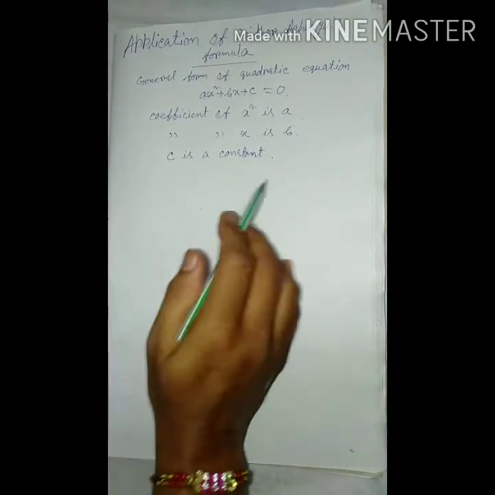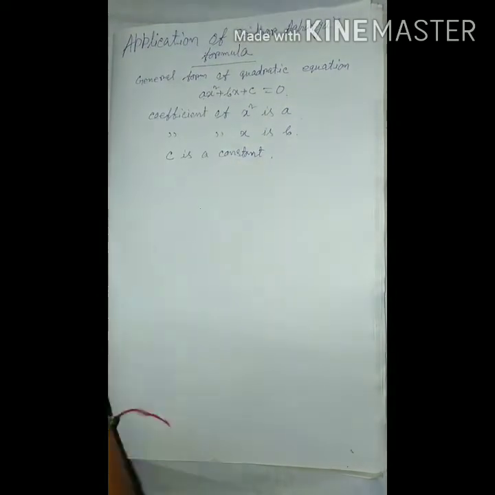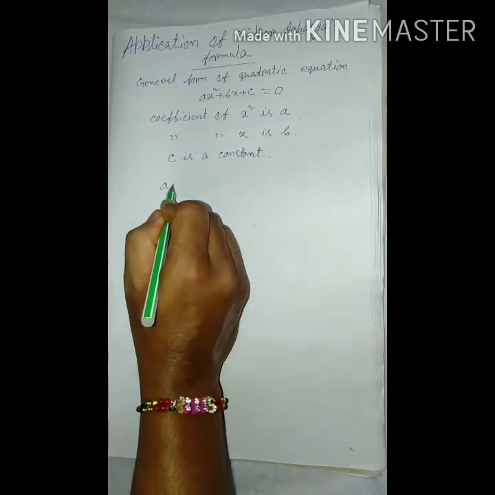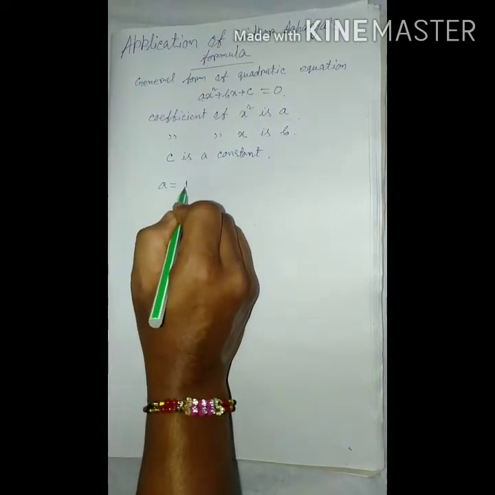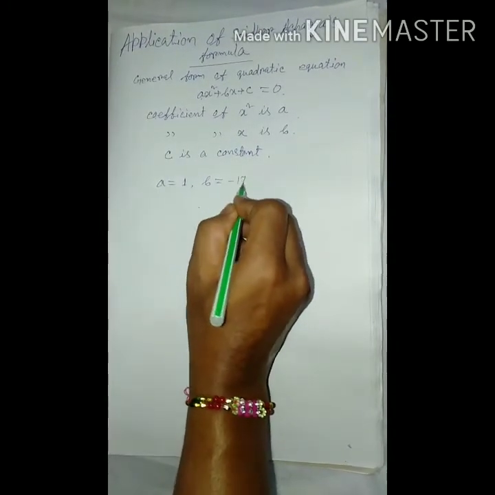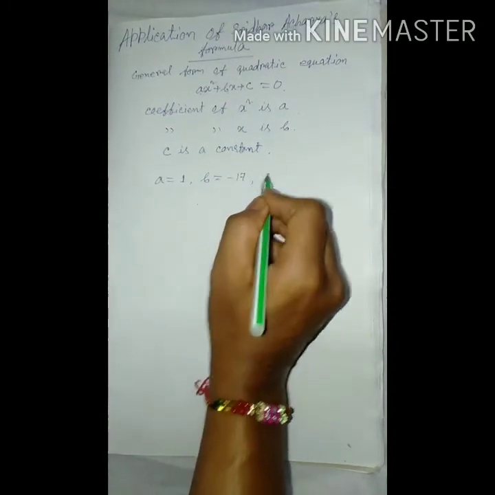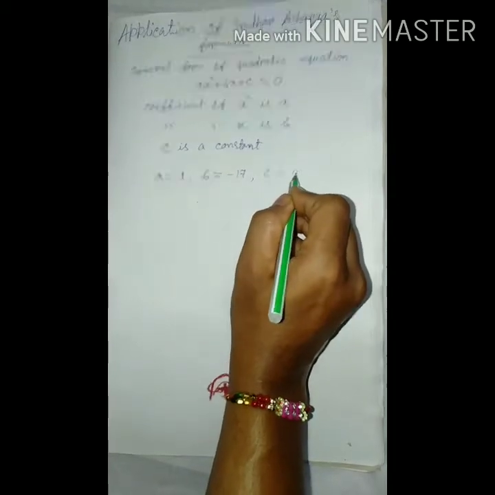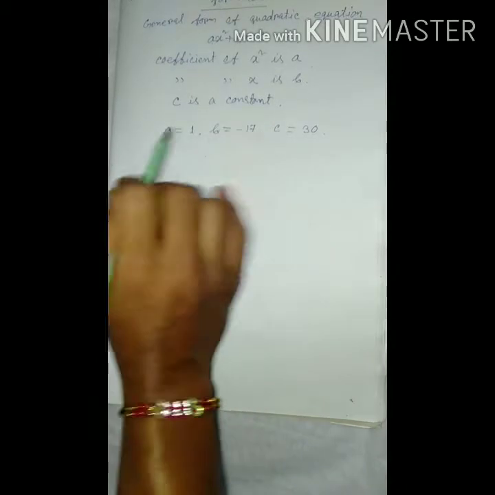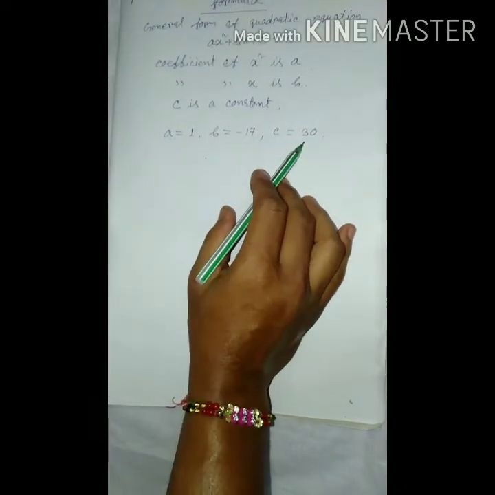Now assume the value of A is equal to 1, value of B is equal to minus 17 and value of C is equal to 30. Now put all these values in the general form.